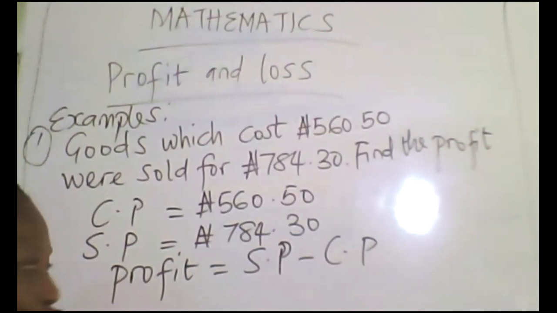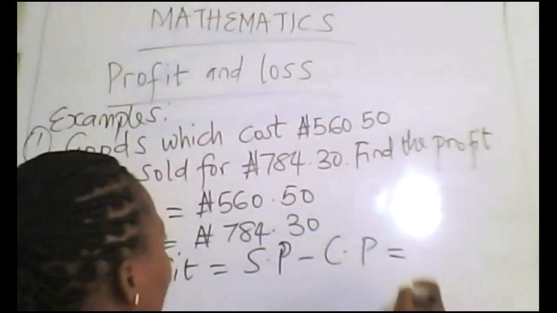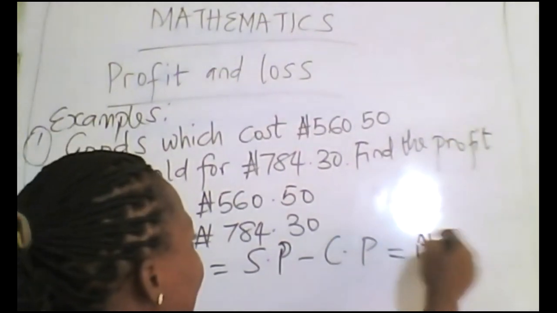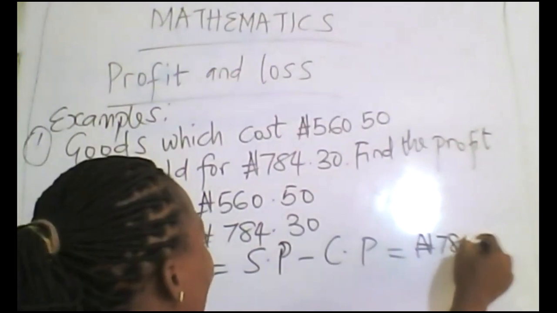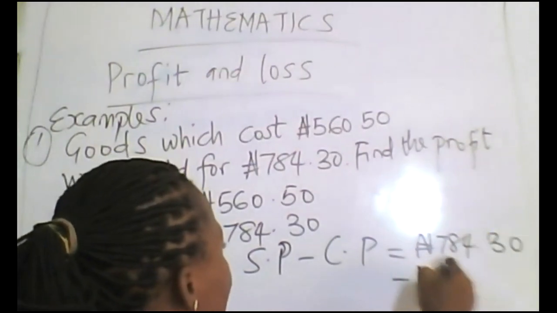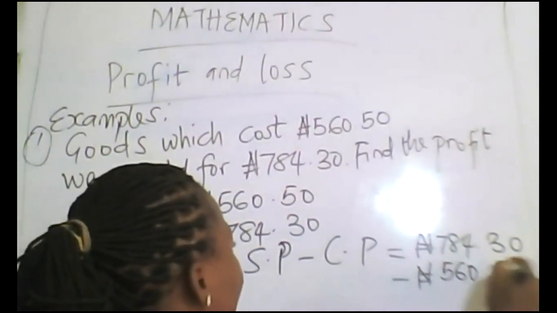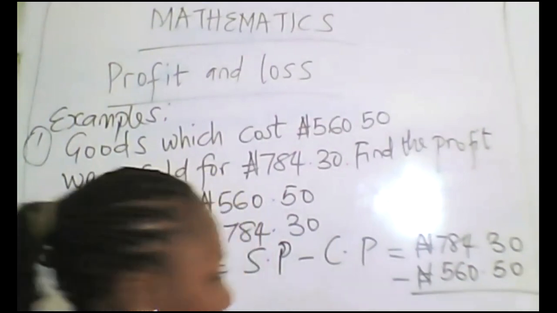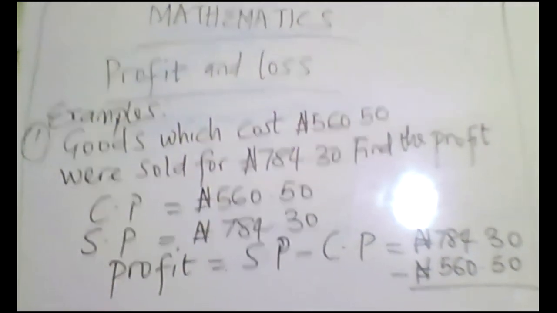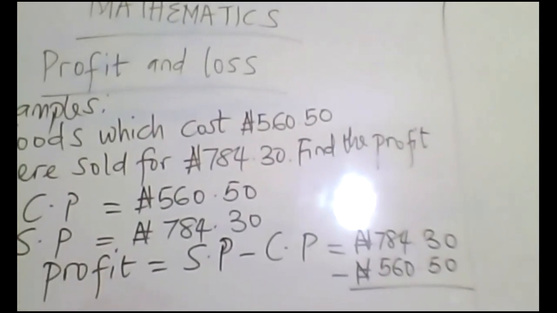That is 784 naira 30 kobo minus 560 naira 50 kobo. Always put your units.